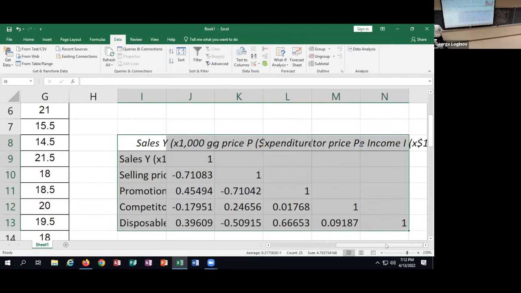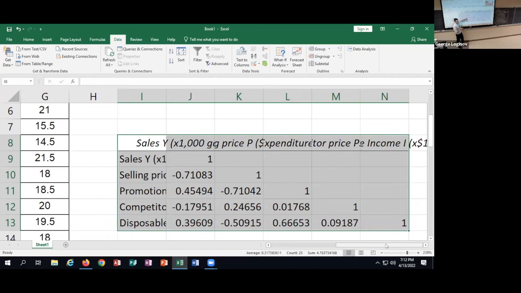So what do we want here? First of all, we want all these numbers in the first column to be as far away from 0 as possible. If we're trying to fit a linear model, we want a linear relationship between our sales and our explanatory variables. So 0.7 for the selling price, that checks. 0.45 between sales and advertisement. 0.17, that's going to be bad.